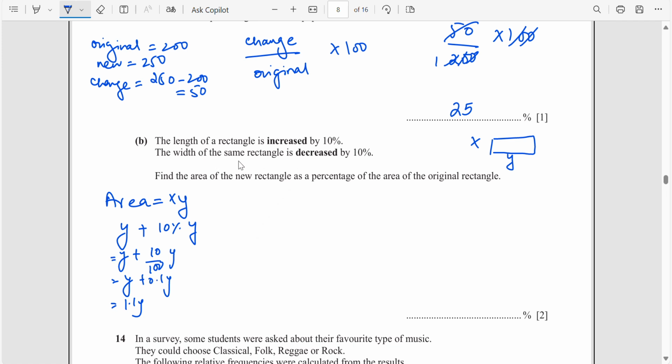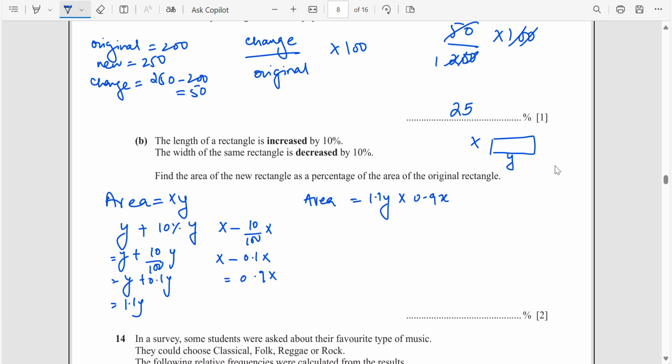And then the width of the same rectangle is decreased by 10%. So here it's x minus 10 over 100 x. So we get x minus 0.1x, which will give us 0.9x. So now the area is 1.1y multiplied by 0.9x.